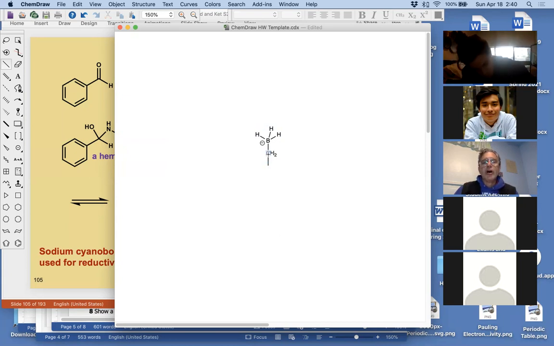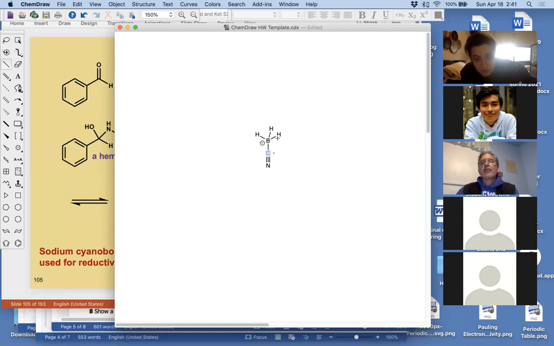Okay, so cyanide has a triple bond, meaning that carbon's sp, and it's got that electronegative nitrogen on it. So a cyanide is fairly strongly electron withdrawing. You know that from electrophilic aromatic substitution because that's a fairly strongly deactivating group. So now you've put something electronegative on the boron, and it's going to make that boron a little bit more electron poor than it normally is.